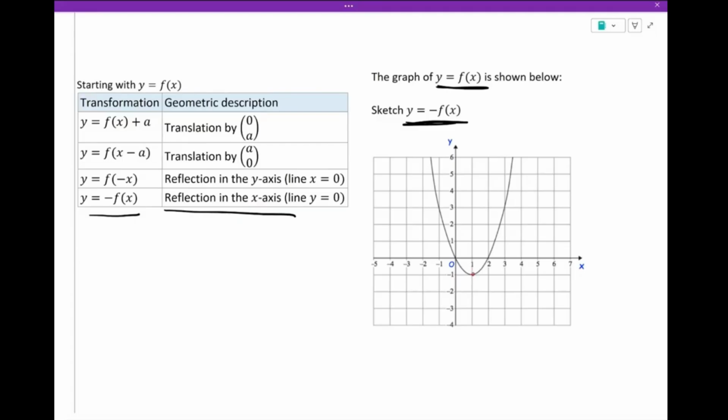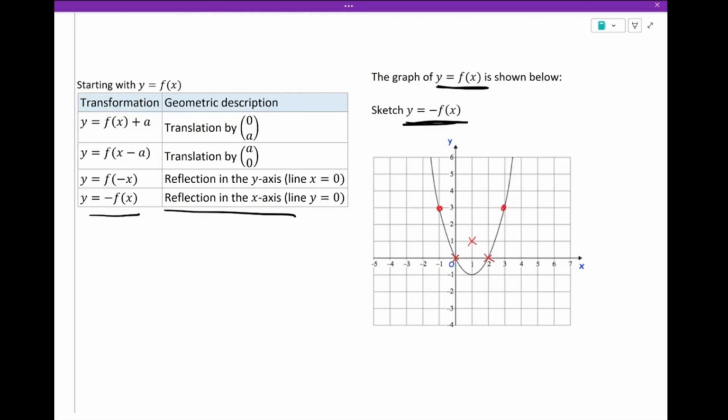So let's start with my turning point. We get 1 up to go to the x-axis, so we need to go 1 up the other side. So that's going to go there. Then for these 2 points, which are on the x-axis, they are not going to move. They're going to stay exactly where they are. So I'm going to mark them with crosses to indicate their final position. And then let's consider this point here and this point here.